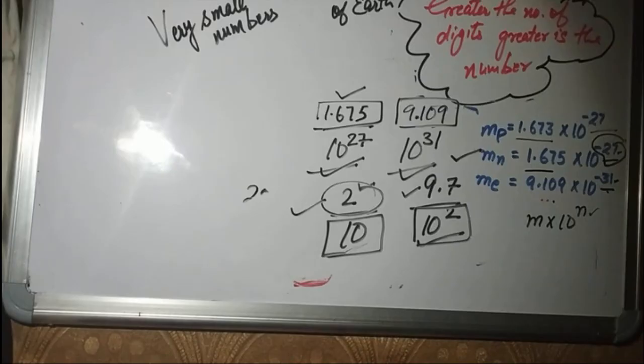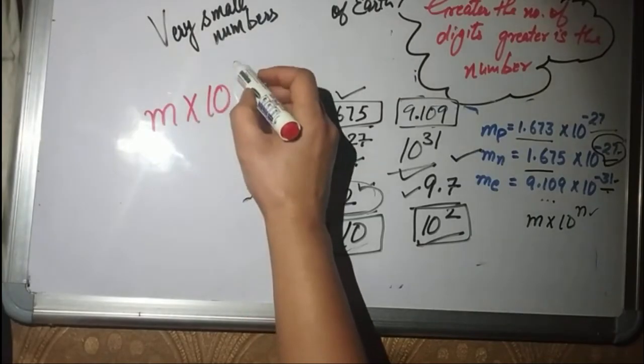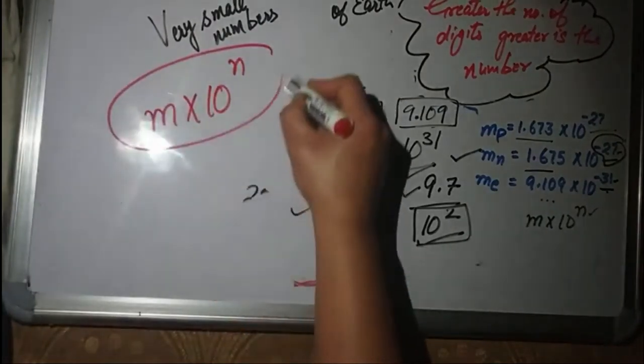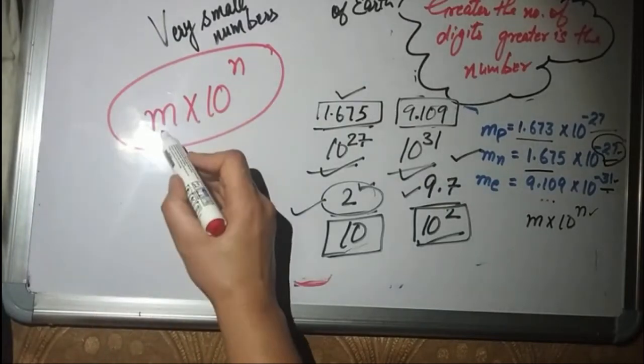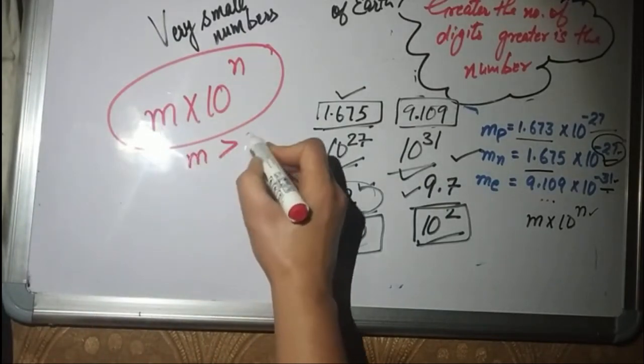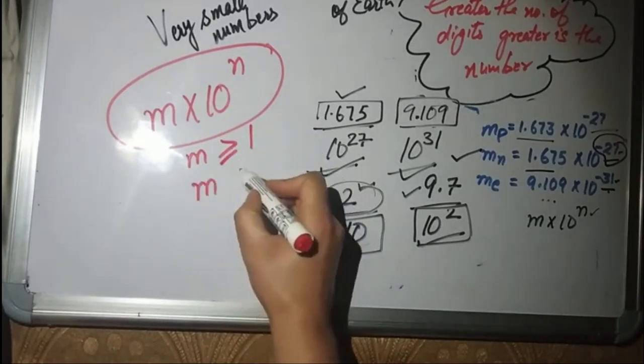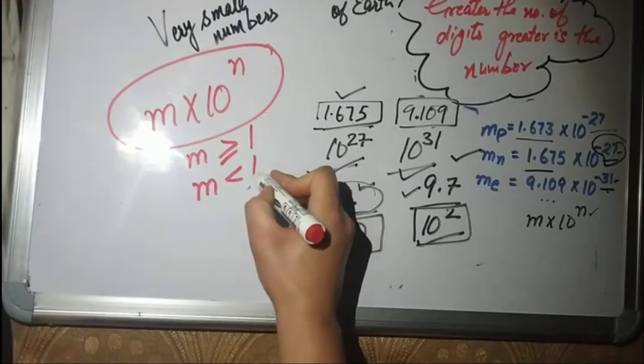Scientific notation means converting any number into m into 10 raised to power n format, where m should be greater than or equal to 1 and less than 10.